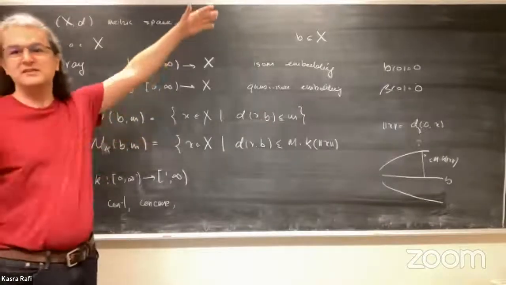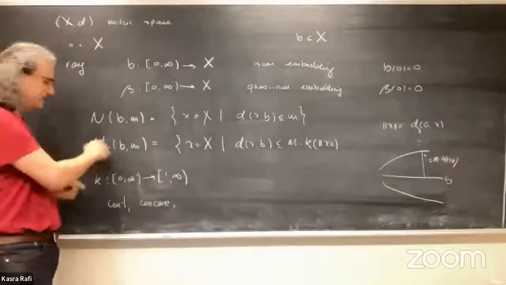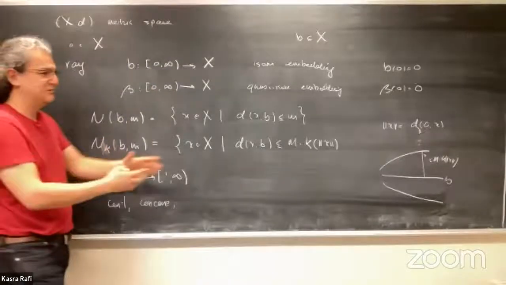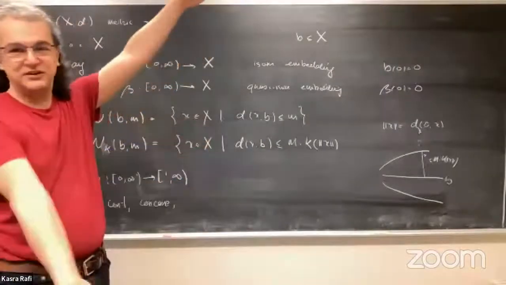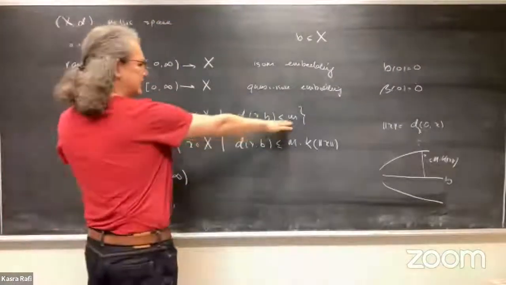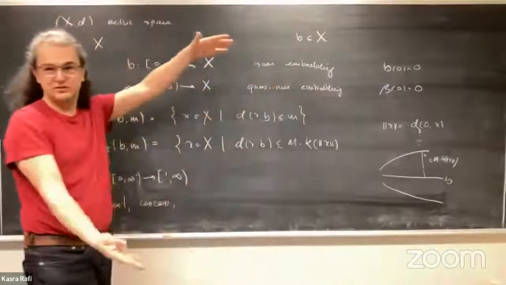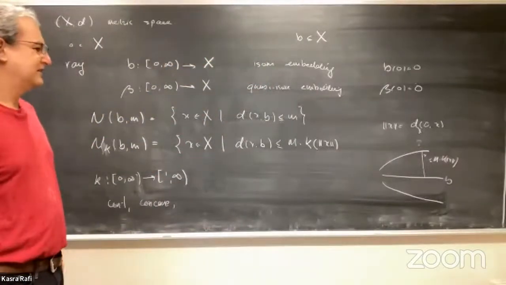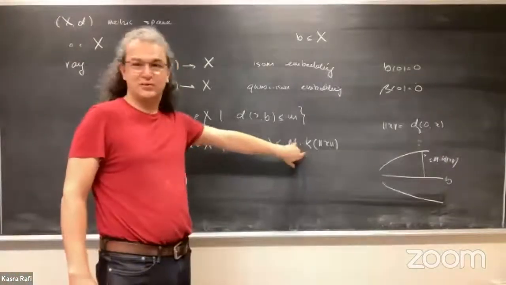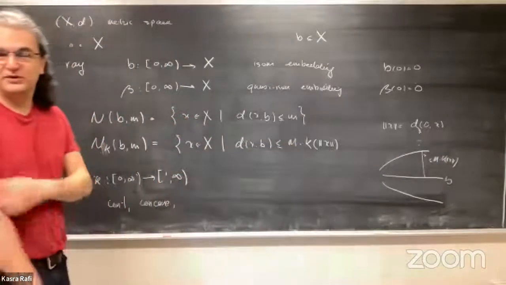There are various sublinear functions in the same class of sublinearity, but with different thicknesses. So this M is kind of the thickness of the sublinear function. If kappa was 1, I just get a regular neighborhood, but I still have different sizes of neighborhood. The neighborhoods grow by kappa, but still they can be large or small, and this M tells you how big or small they are.